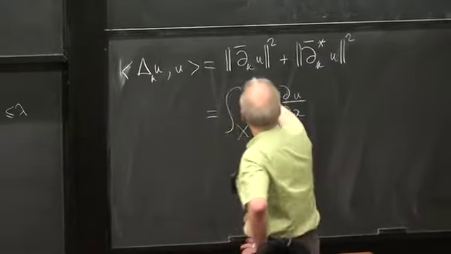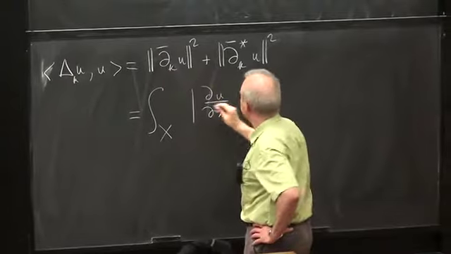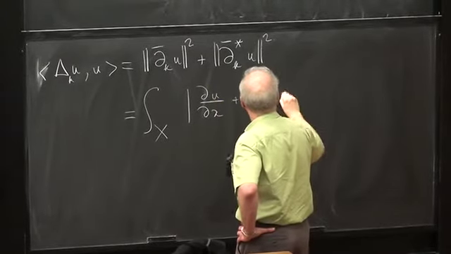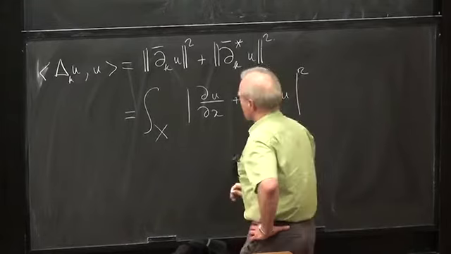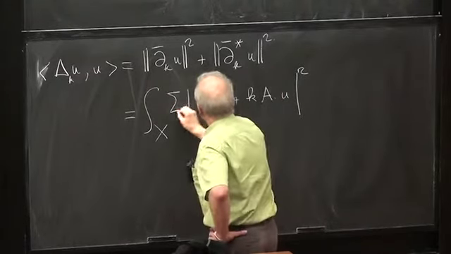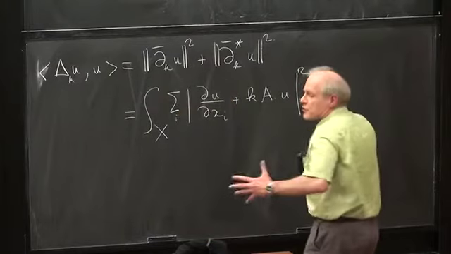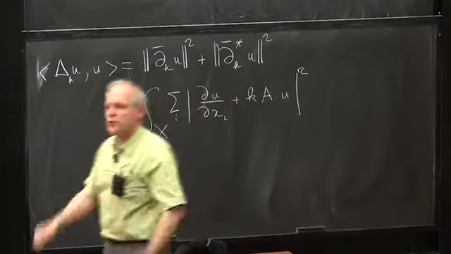But the connection matrix gets multiplied by k, with some sum with respect to the derivative. And then you have a curvature, but the curvature gets multiplied also by k.